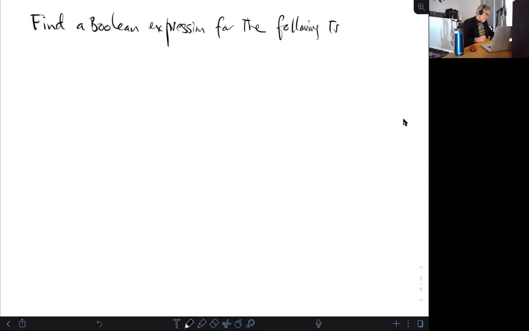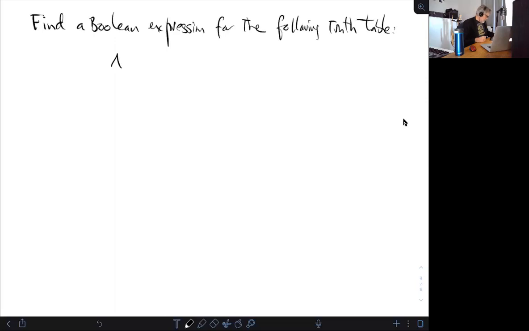So here's a question: find a Boolean expression for the following truth table. So I'm giving you a truth table, which will look like this.